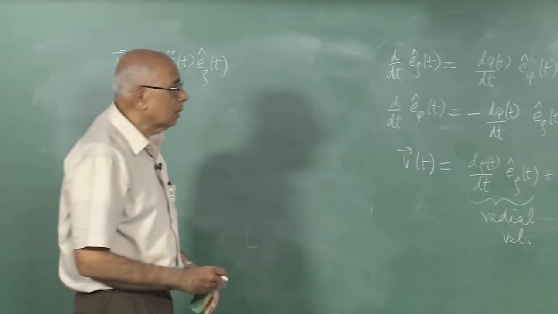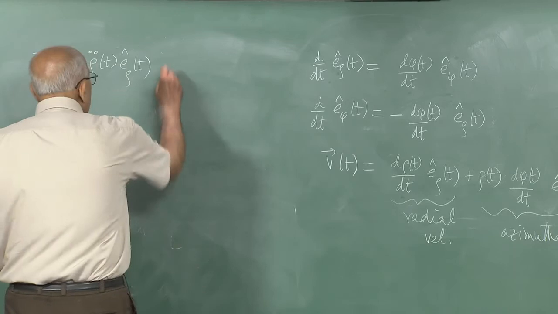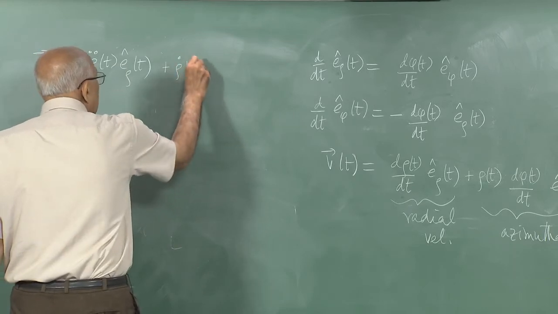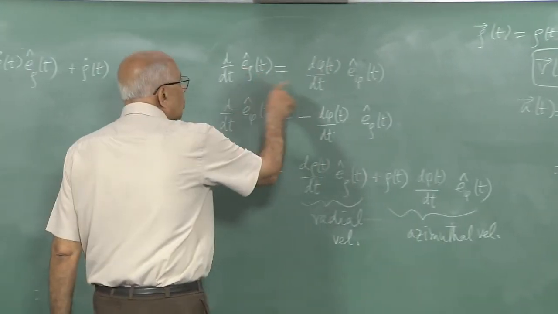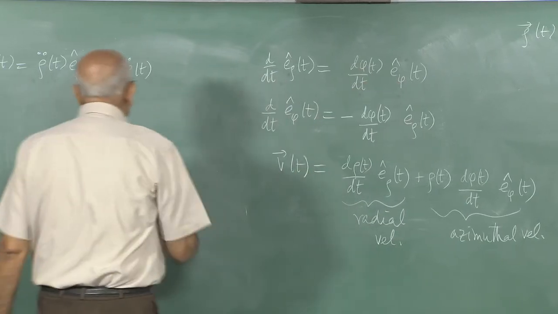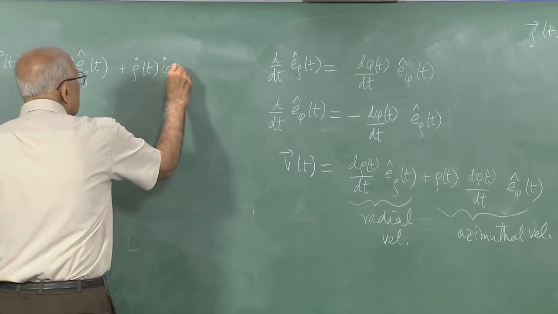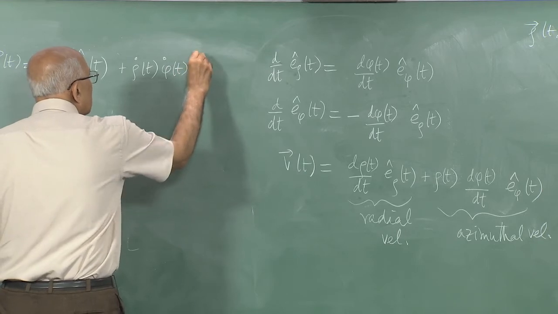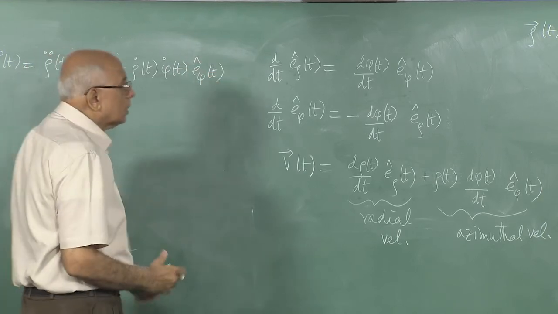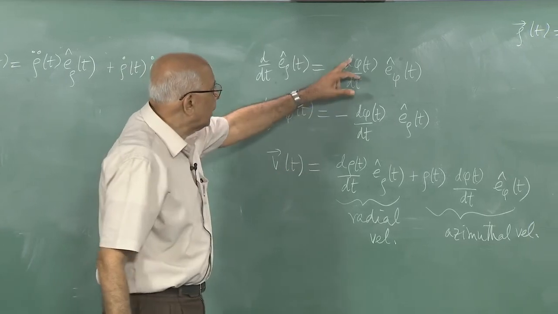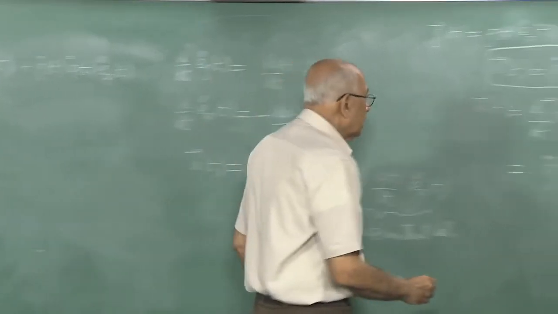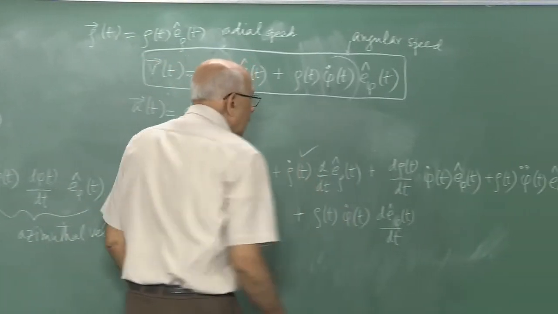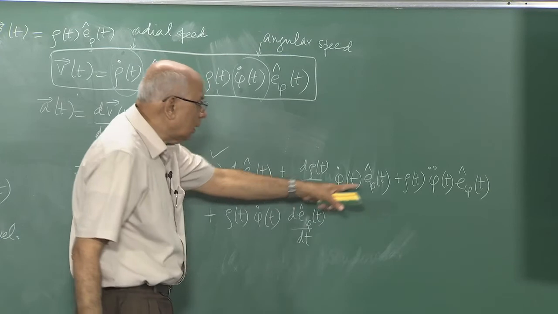That is the first term, that part is taken care of, plus rho dot of t, and then let us find out what this quantity is, but we already have a formula for that. That says d over dt E rho of t is phi dot times E phi of t, so phi dot of t E phi of t. Just to reduce the notation a little bit, I have called d phi over dt phi dot out there. So that takes care of this term and this term, and then we have a rho dot phi dot e phi of t.